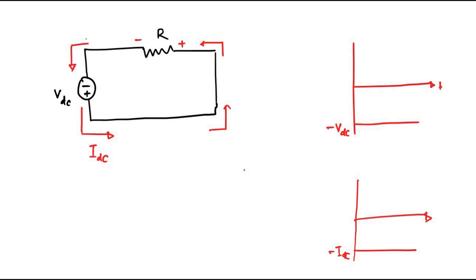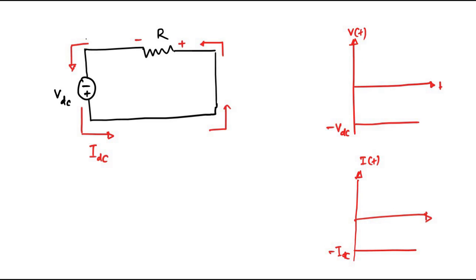So this is here VDC, this is here IDC. Everything is reversed, but the magnitude, even though it is negative, remains constant with respect to time. Only the direction is reversed. So this is the DC voltage and DC current.